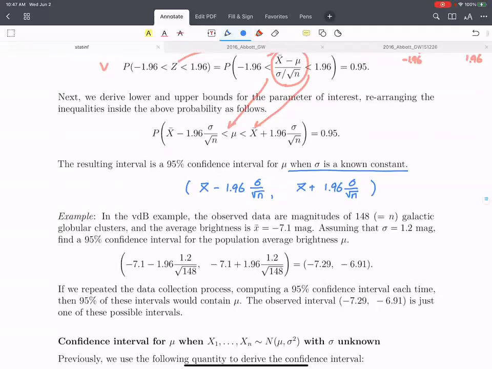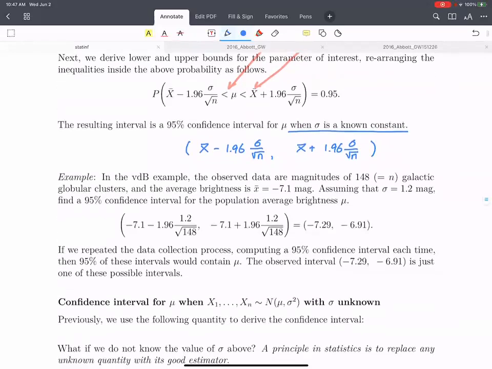In the specific example, the data size was 148, the average magnitude of the data was negative 7.1, and sigma was known to be 1.2 magnitude. If we plug those numbers into this formula, we get a specific range based on the data we observe.